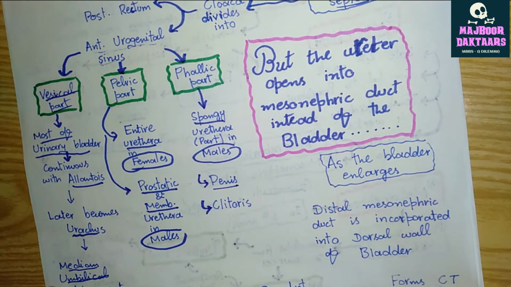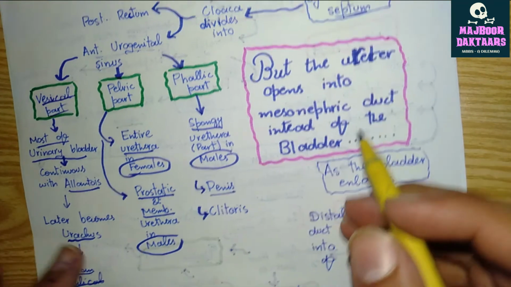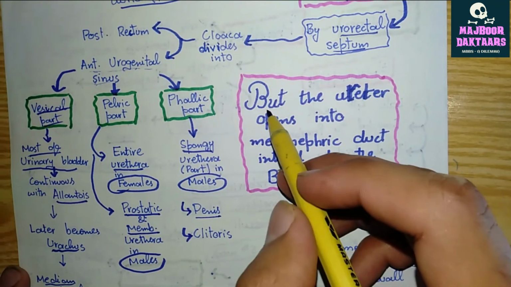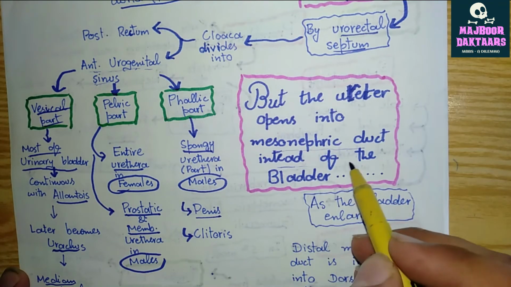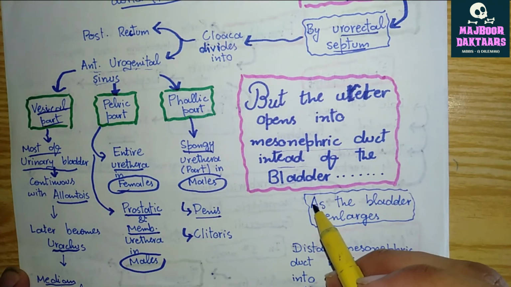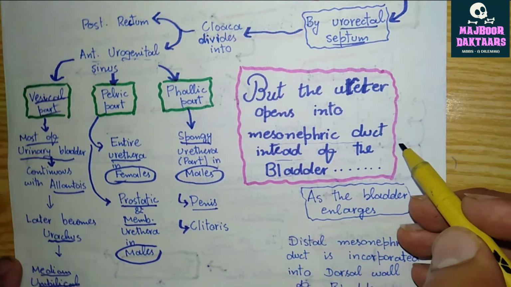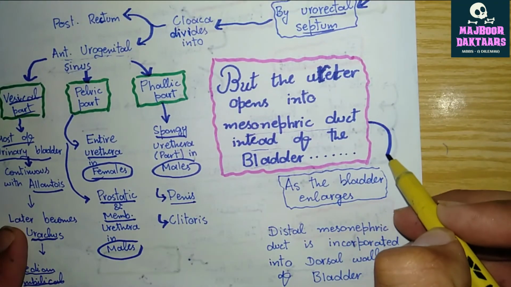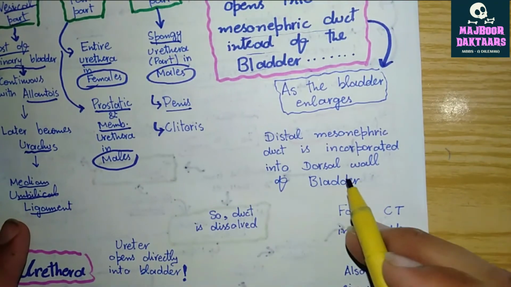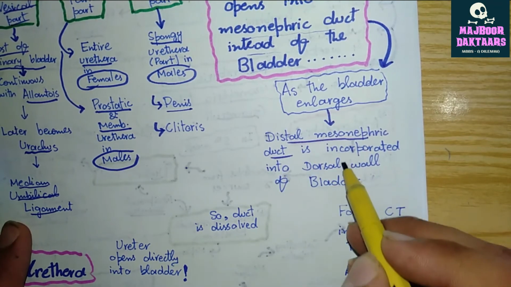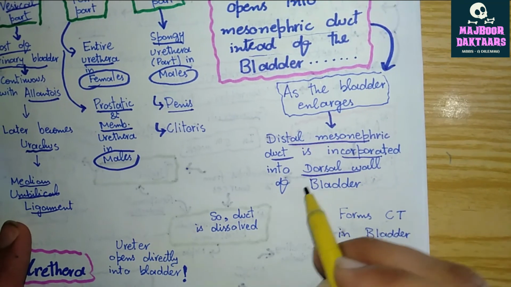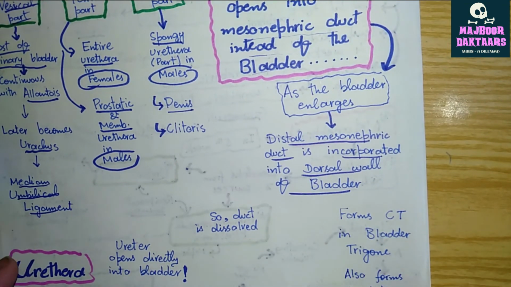Now we have formed the urinary bladder, but the ureter opens into the mesonephric duct instead of the bladder. How are we going to fix that? As we know, during development, as the bladder enlarges, the distal part of the mesonephric duct is incorporated into the dorsal wall of the bladder.